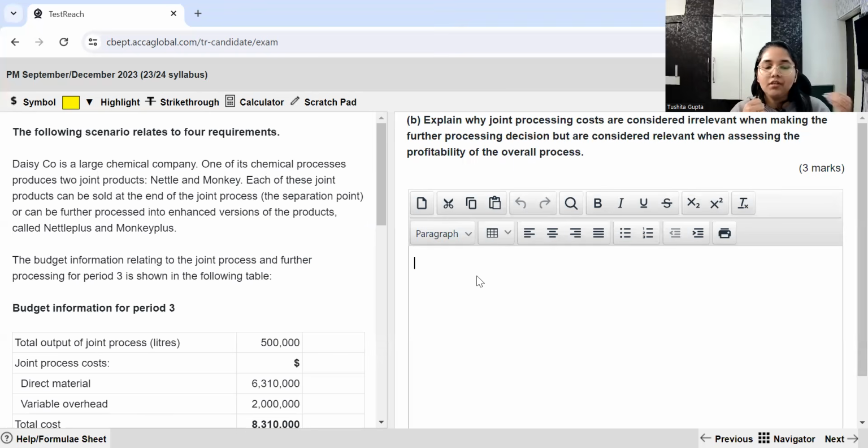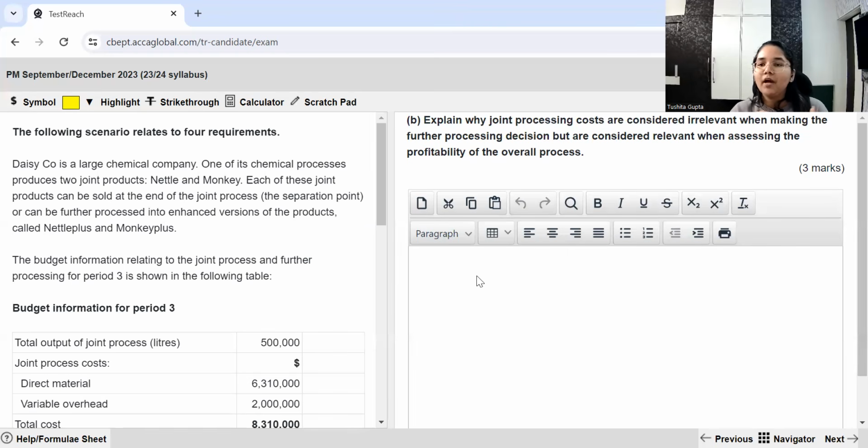So this decision is taken after the joint cost has already been incurred. The joint processing cost has already been incurred once they are at the separation point. So this becomes a sunk cost, and sunk costs are irrelevant. So that is why, this answers the first part of the requirement, that when we are considering the further processing decision, your joint processing costs will be considered irrelevant.